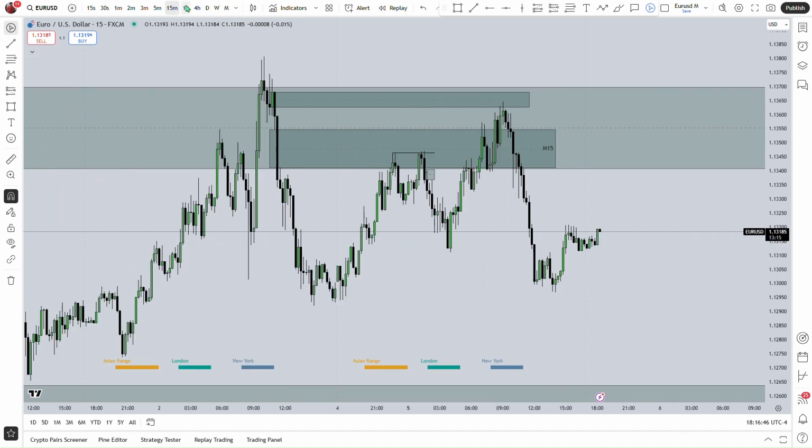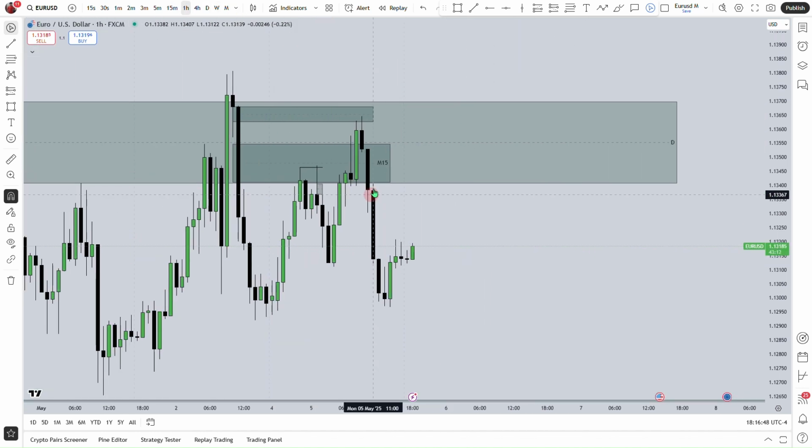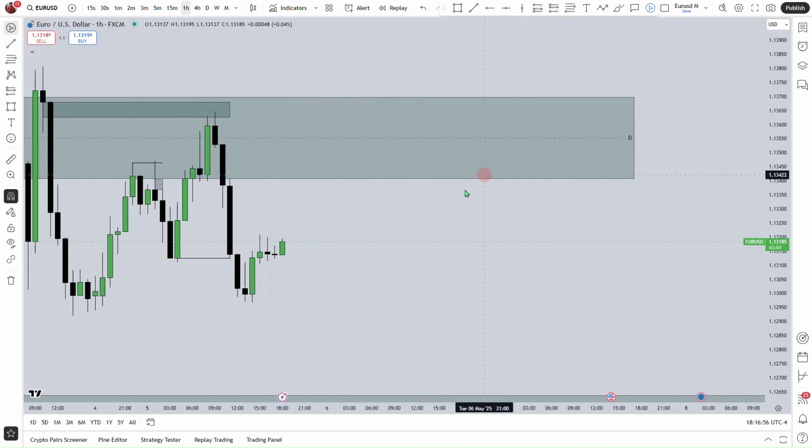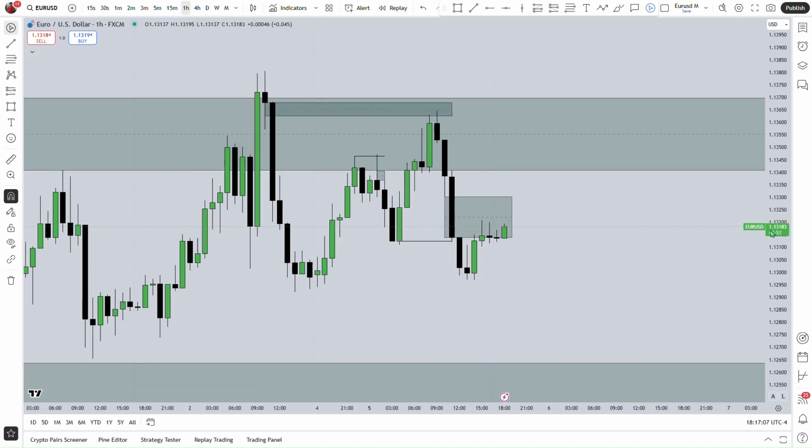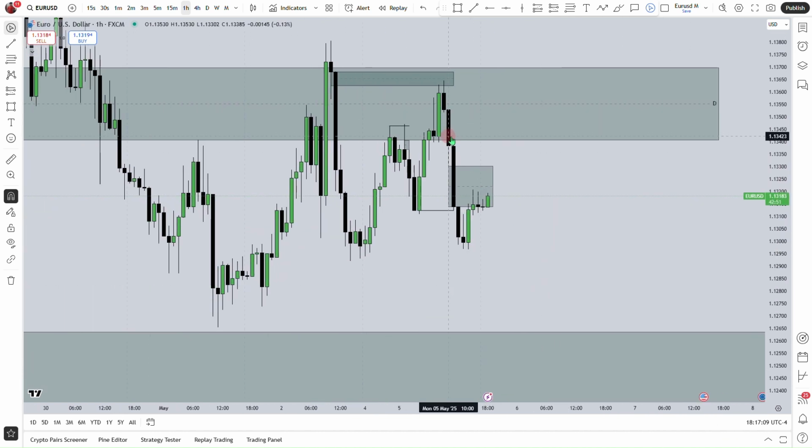On 1 hour, price went lower, gave a change of character over here. So remove this. We have this fair value gap which is tapped right now. We also have this fair value gap, but I don't think price will go up to this one.